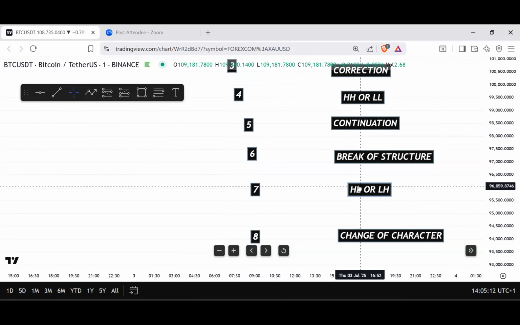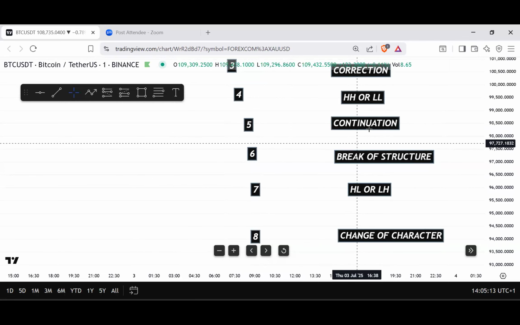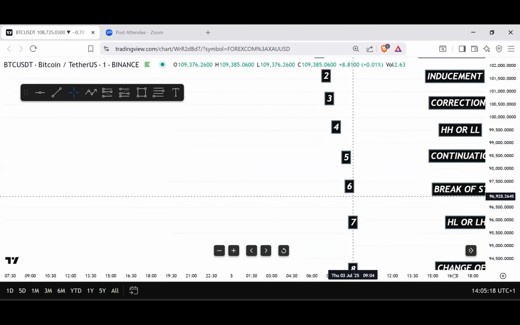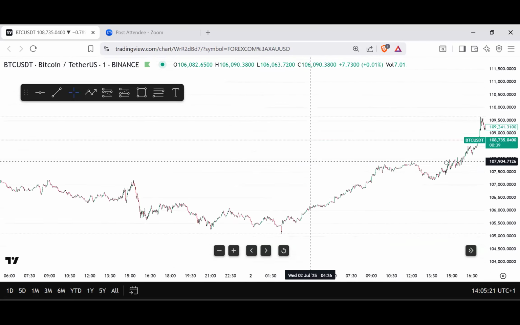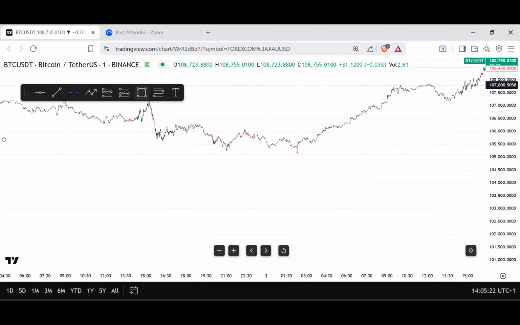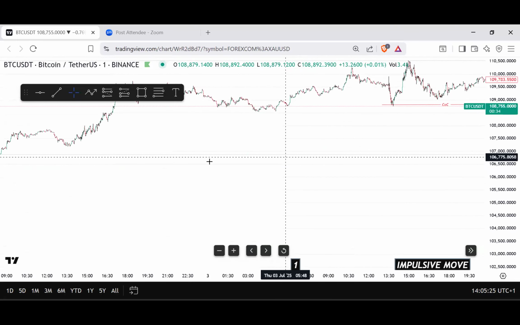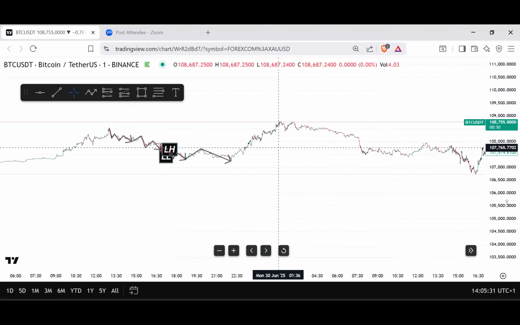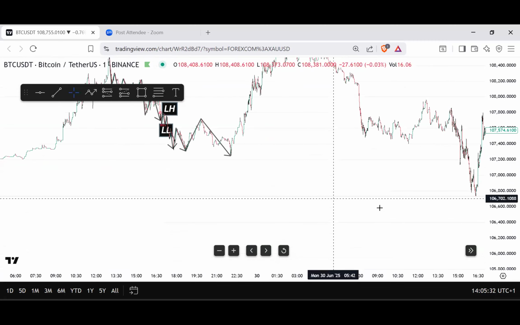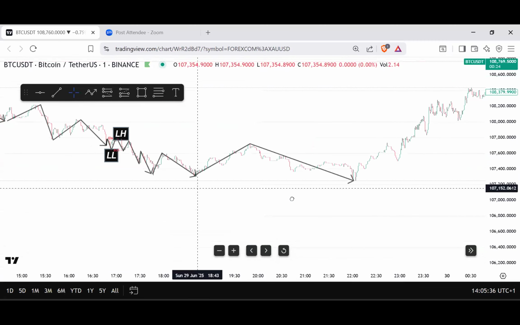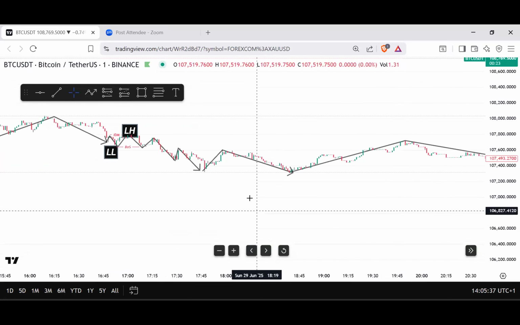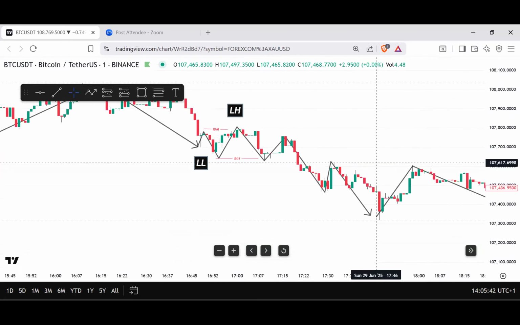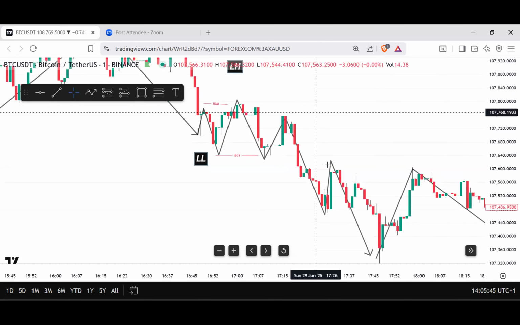Sorry, lower high. We've identified number 6. That's continuation and breakout structure. So following those numbers will just make the whole thing clearer. It's like a checklist, we can say.